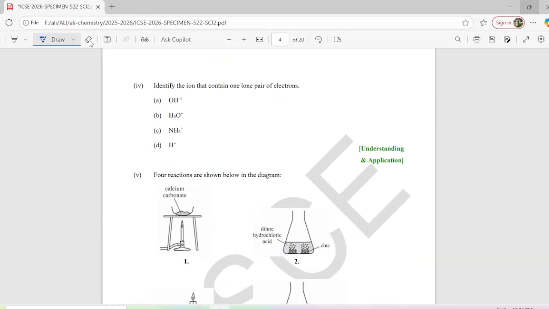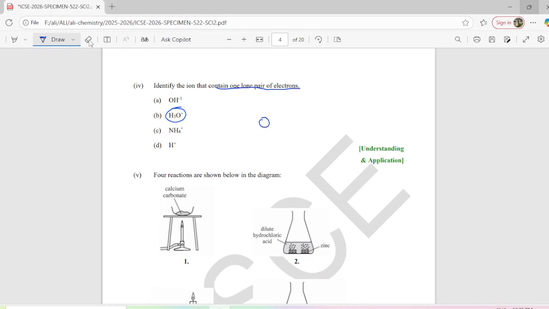Now coming to MCQ 4. Identify the ion that contains one lone pair of electrons. So which has one lone pair of electrons? In this, the hydronium ion is the one which has one lone pair of electrons.